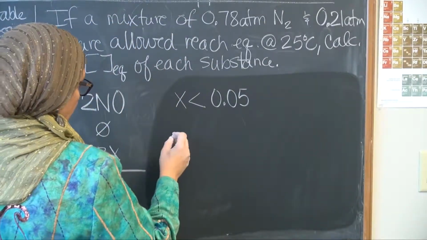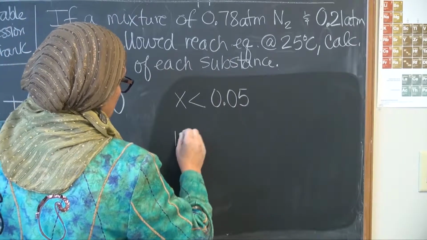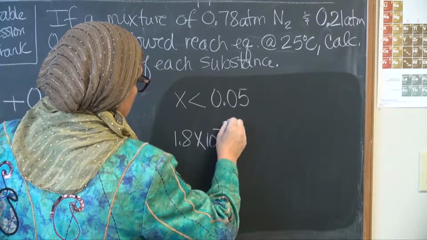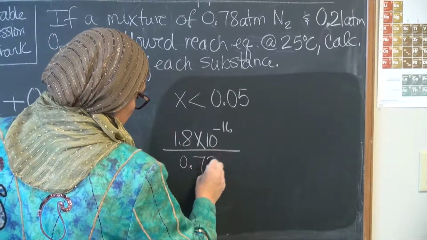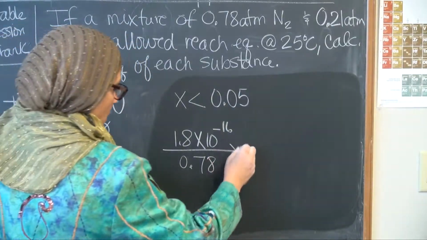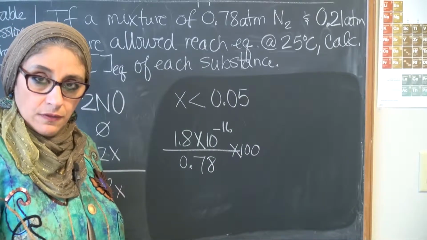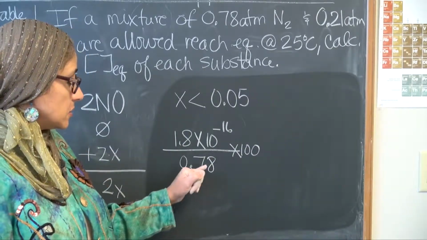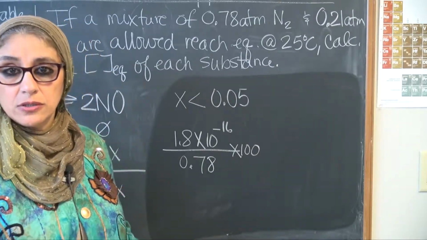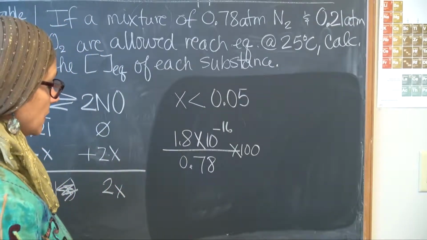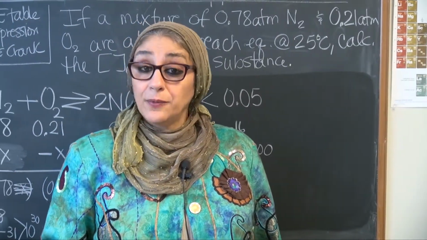So if you calculate, here we calculated x as 1.8 times 10 to the negative 16th versus 0.78, times 100, and this tells us the percentage of reaction that happens. If this is 5% or less, your approximation is good. All right, and that's how you would check to make sure your approximation is good. And that wraps up our video.